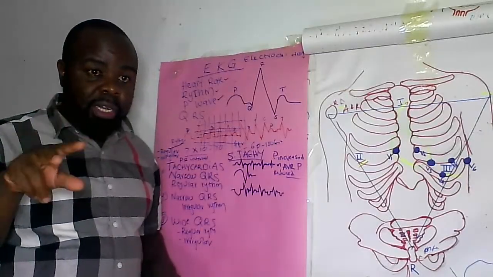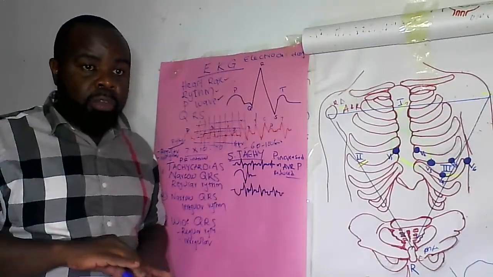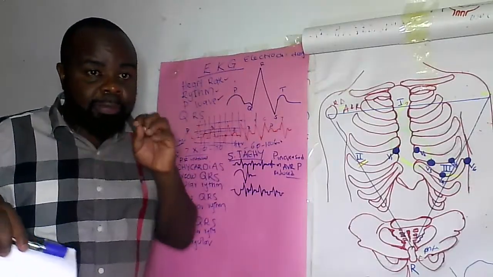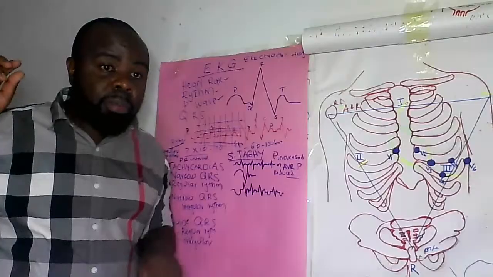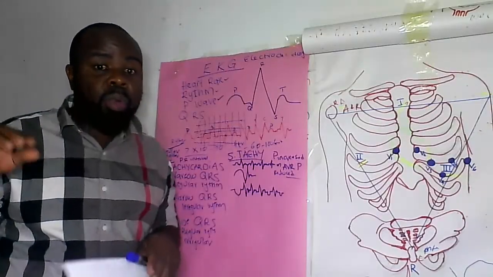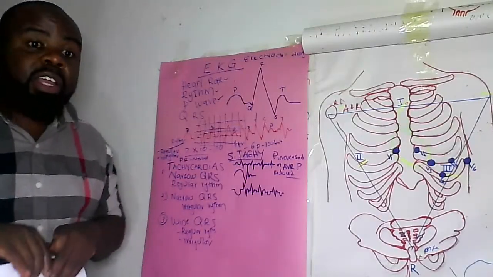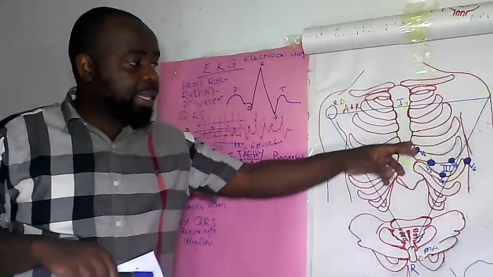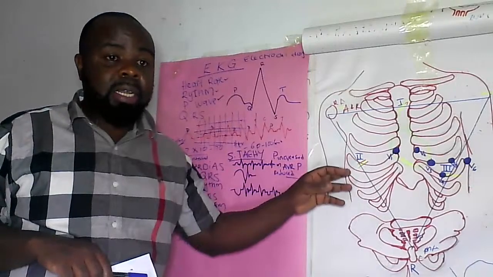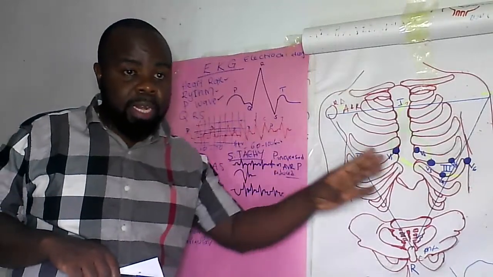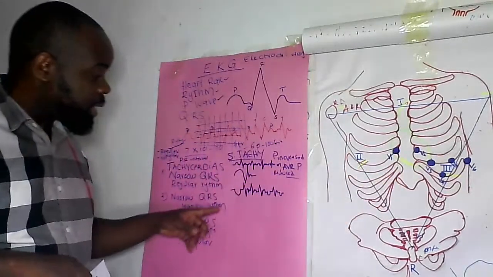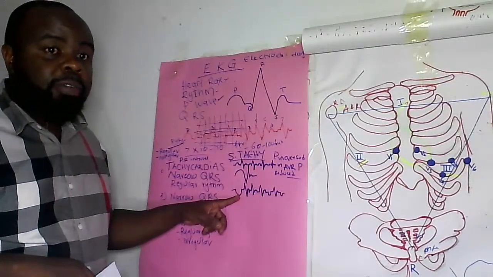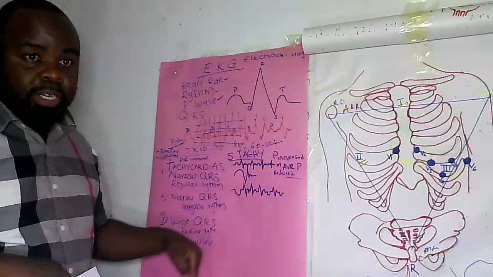As the sinoatrial node on the left side of the heart is firing, there is another focal point that is firing. So when these points are firing, the deflection goes negative. That is why you get this deflection to the opposite direction.